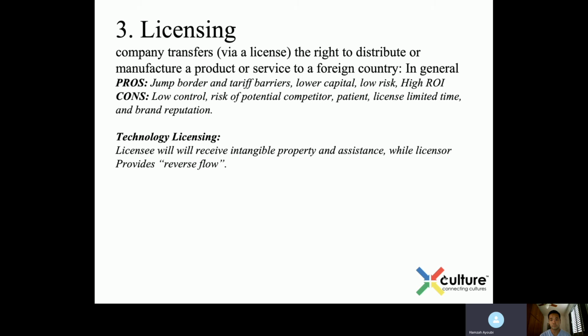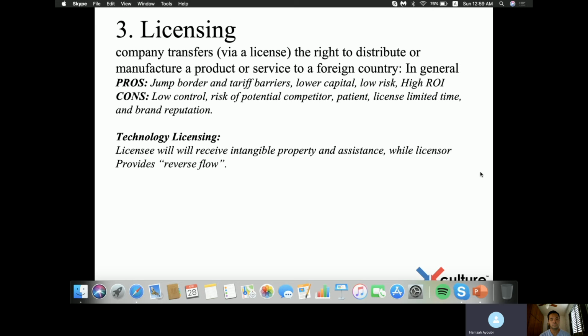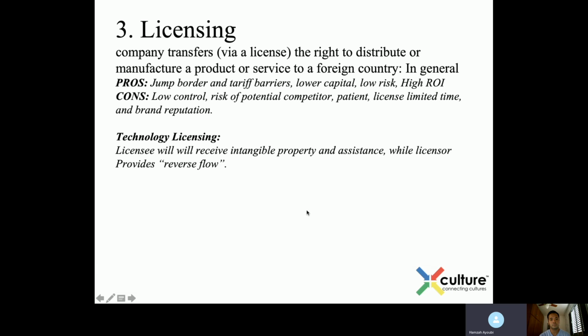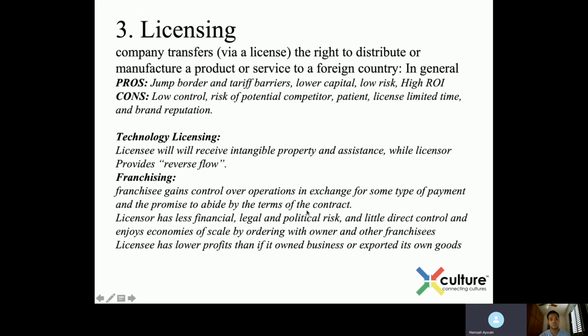We have technology licensing, which means that the licensee will receive intangible property and assistance, while the licensor provides it. Then franchising.